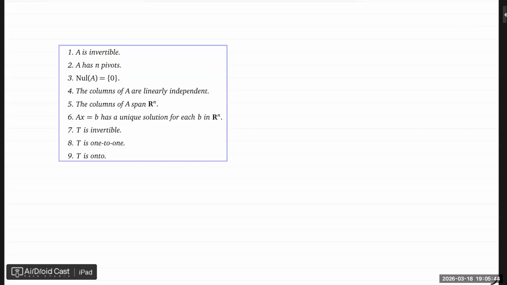So if you need to calculate whether something is invertible or not, you can just find how many pivot positions there are. I just want to find the list that's in your textbook as well.